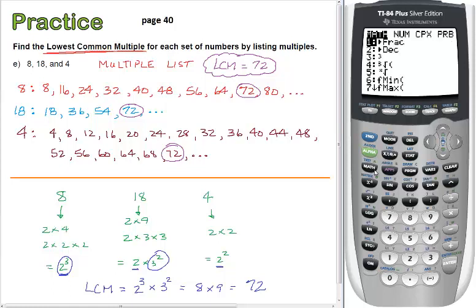Repeat to verify: take the number you got, 72, comma, and the other number in the list, which is 4, and make sure it's still 72, which it is. So there's the complete solution to practice E on page 40.